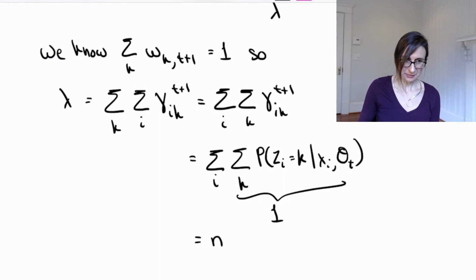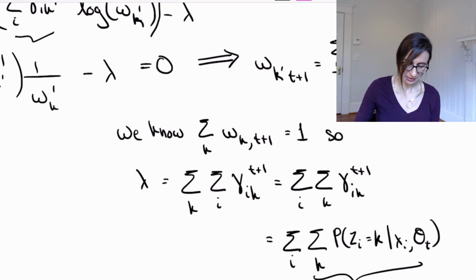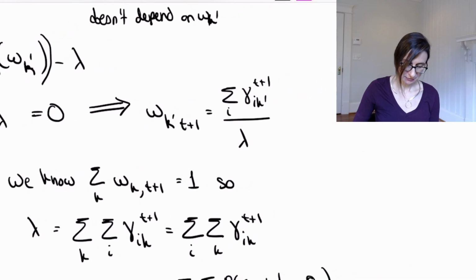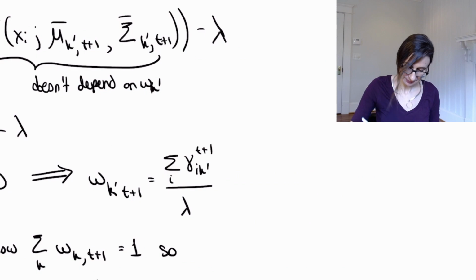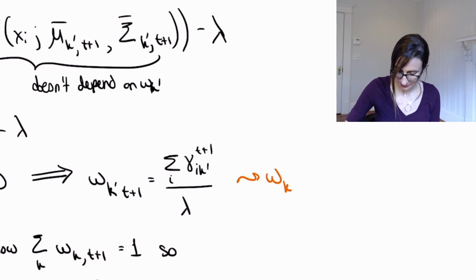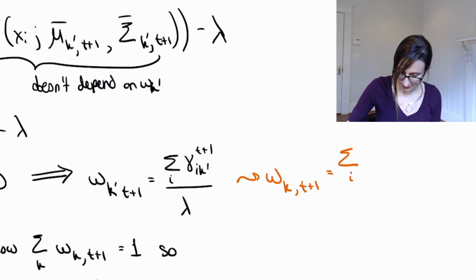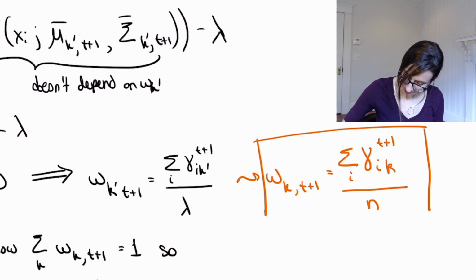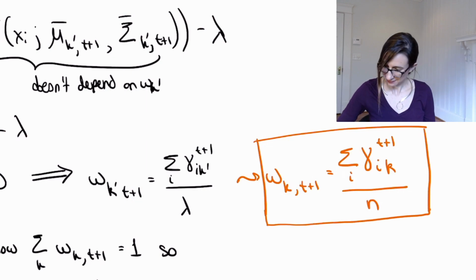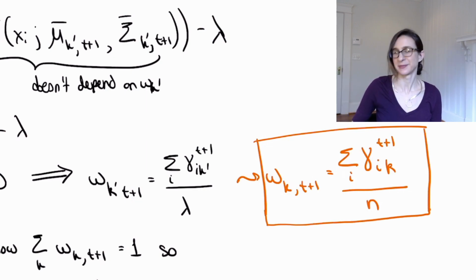So lambda is actually n, which means I can go back and edit my expression for wk at t plus 1. Let me go and do that. All right, that's the last piece.